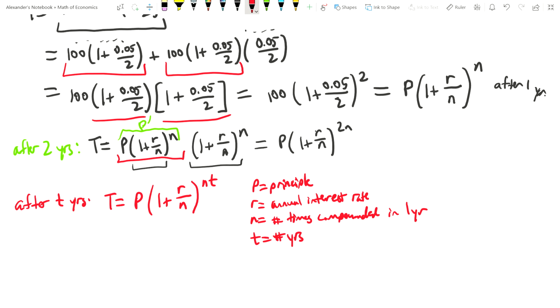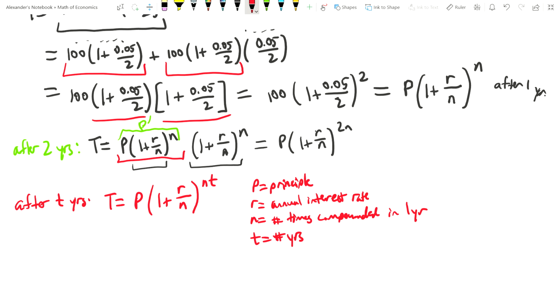And then at the end of the next 6 months, in other words, at the end of the year, you're going to get half interest rate on that new total, which is higher than the amount that you started out with. So compounded interest is advantageous over non-compounded interest because it gives you interest on your interest.